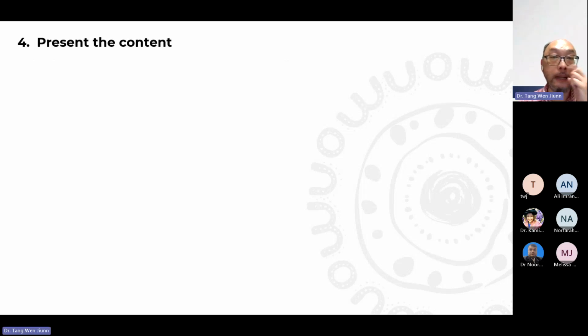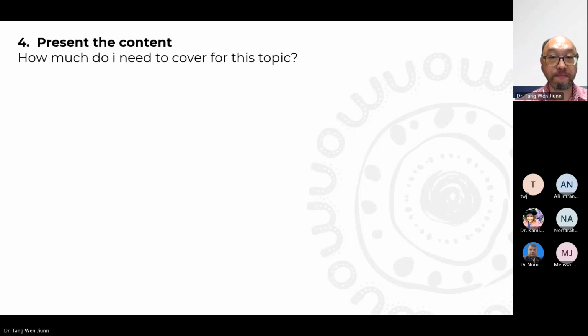Once that part is done, from there we can slowly go into the contents. From the prior knowledge part also, if the students' statements have some mistakes, that's where you start to correct them and then continue with the present content.